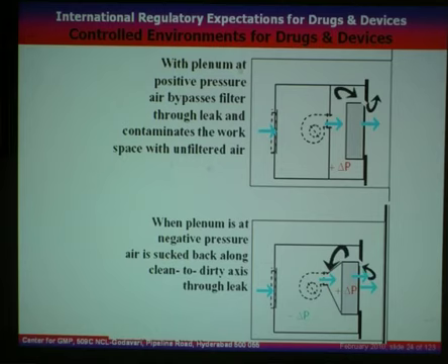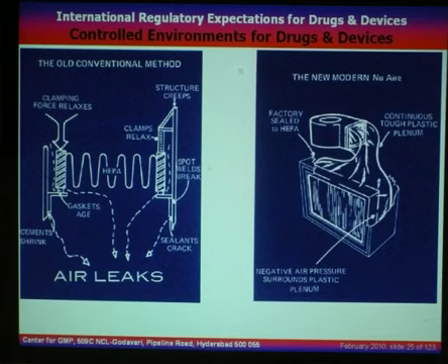Now, there is an innovative design in which all supply ducts, from the time it reaches the HEPA filter and back, is enveloped with a return duct connected to the air handling unit. In other words, the HEPA filter is surrounded by a zone of negative pressure.